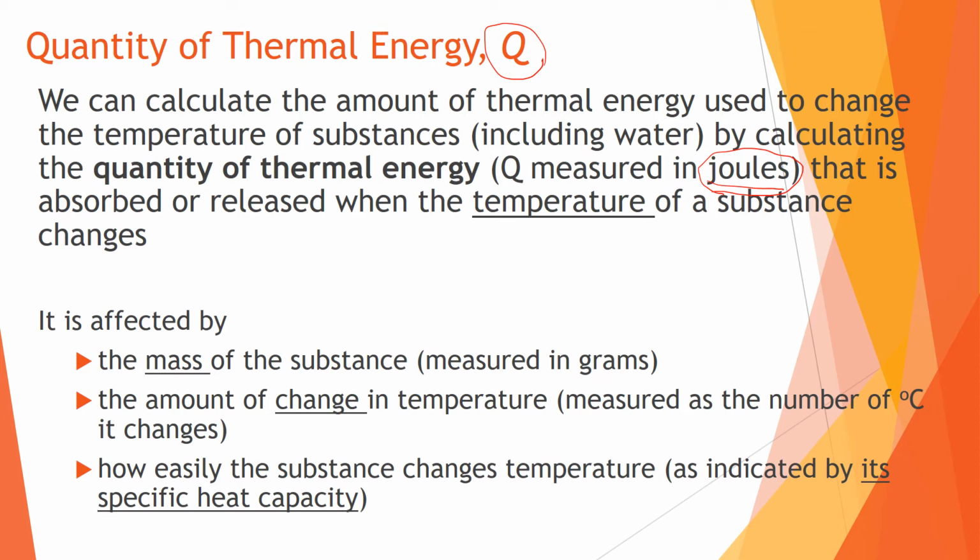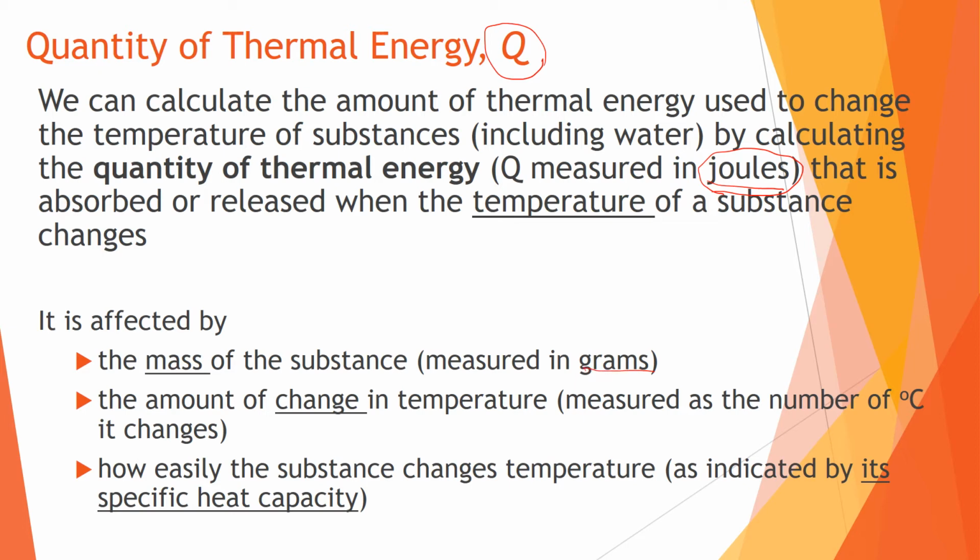Q can be calculated using a formula, and we use this to see how much energy is being put into a substance and what effect that energy has on temperature. The amount of energy put into a substance affecting its temperature is affected by how much of that substance we have, so the mass, measured in grams.